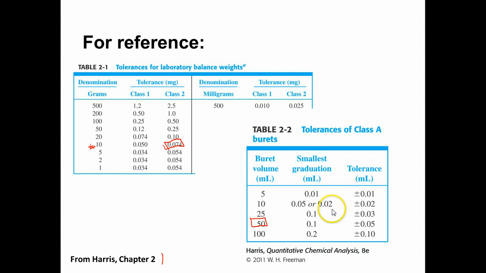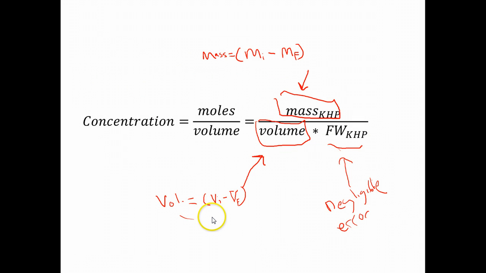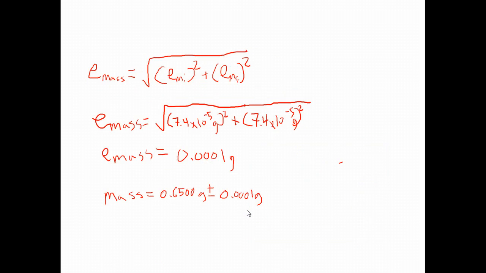Our tolerance is 0.05 milliliters. Just like our mass, we have an initial and final measure here, so we're doing this twice, and this is the exact same thing.